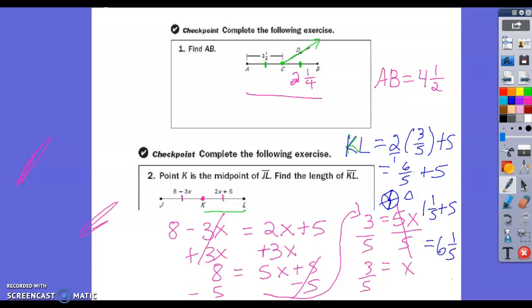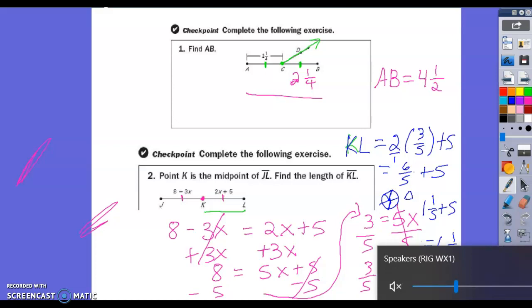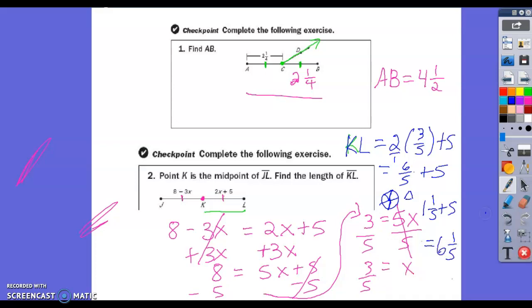And if you want to write it as an improper fraction, that would be fine. They don't really care how you write your answers. So 6 times 5 is 30 plus 1 is 31/5. Whatever, either one of those. But the answer should be, and this is so messy, KL equals 6 and 1/5, or KL equals 31/5. I think we are finished.